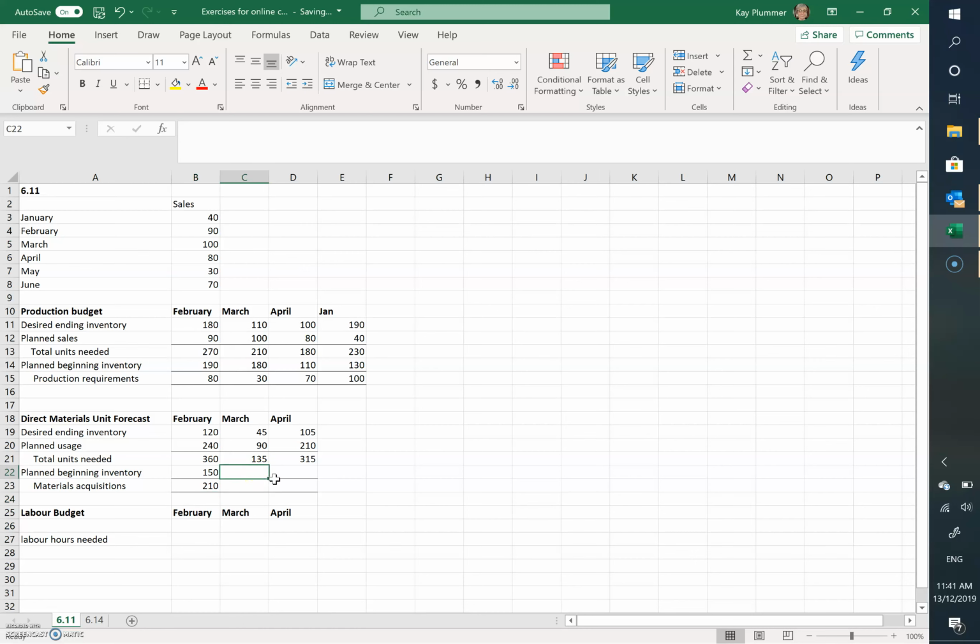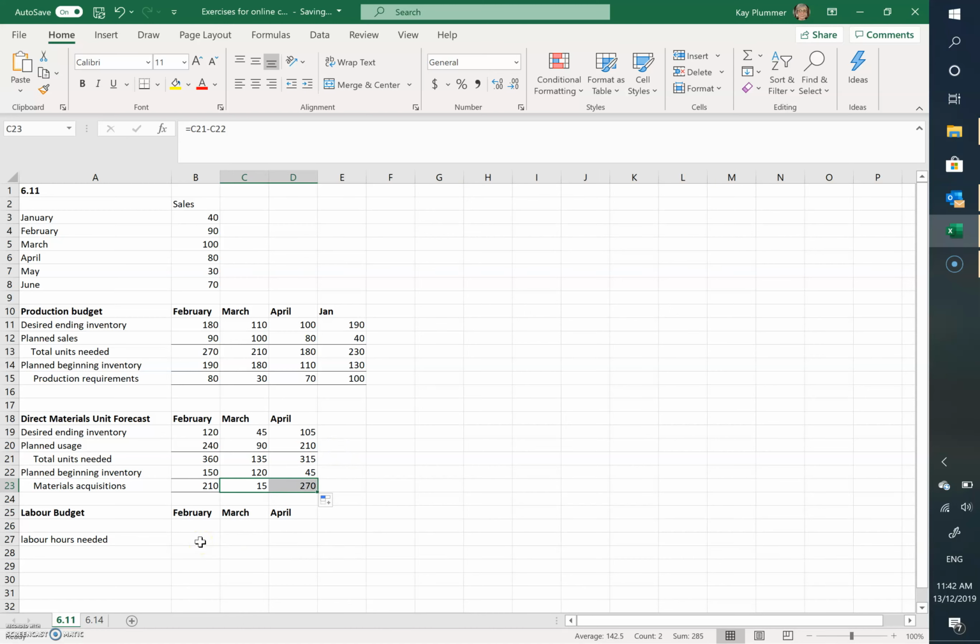Now, for March, we can work out what our planned beginning inventory is because it's our planned ending inventory for February. And we can just copy that across. So we only need to get in 15. And for April, our planned beginning inventory is March's ending inventory. We can just copy that formula across. So we need to get in 70 for April.